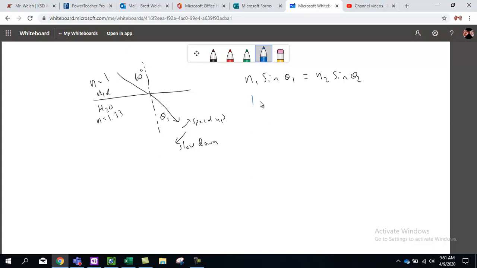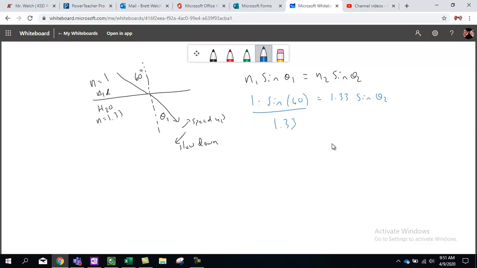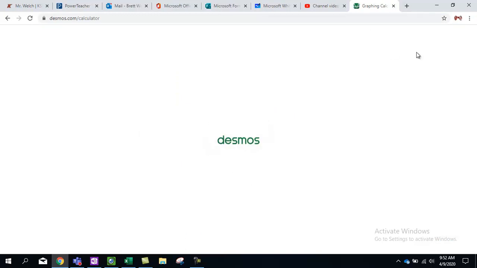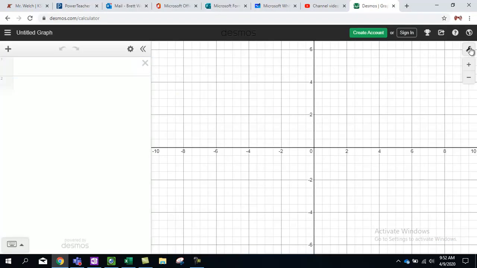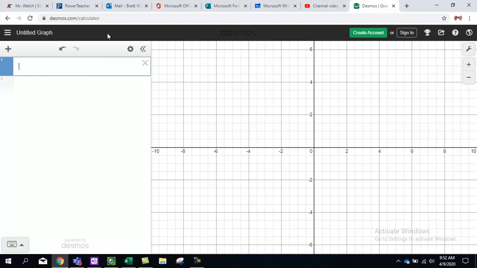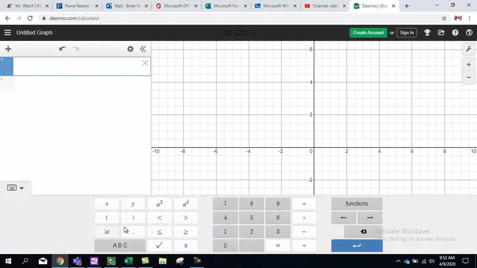n1 was 1 times the sine of 60 equals 1.33 times the sine of theta 2. So I'm going to divide by the 1.33, say that sine of theta 2 equals, and let's use Desmos as our quick calculator. Remember, if you're using Desmos or some other piece of technology, make sure your calculator is in degree mode. Desmos always defaults back to radians.